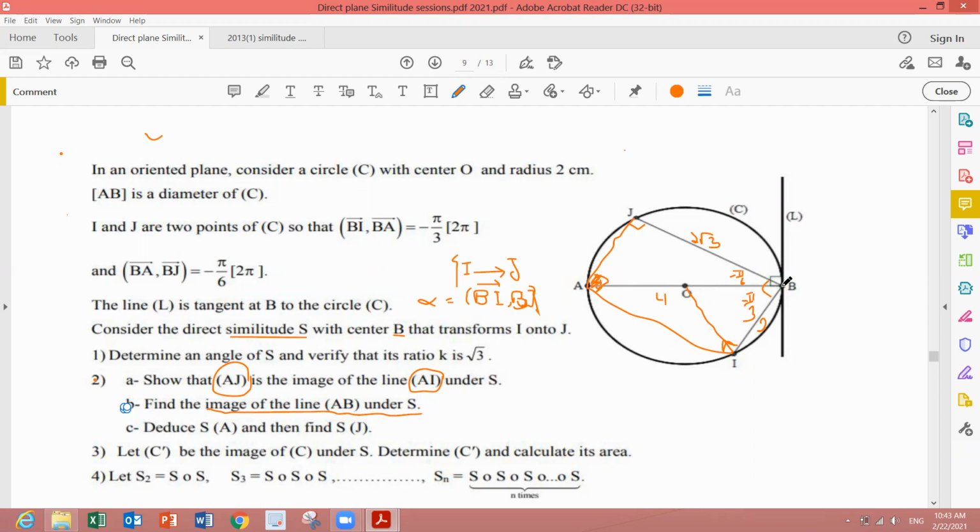If S of AI says B is an invariant point, complete. So S of the line AB is the line passing through B and perpendicular to AB. Who is the line passing through B and perpendicular to AB? L. So S of AB is L.